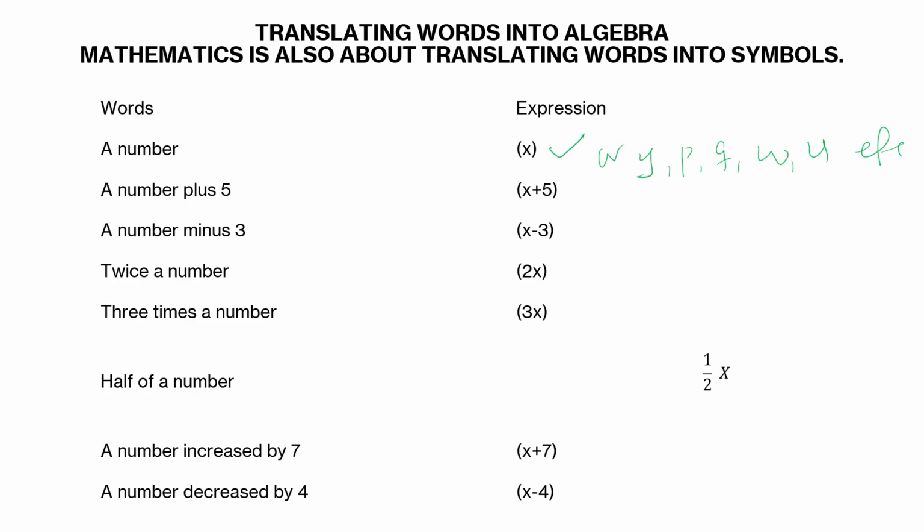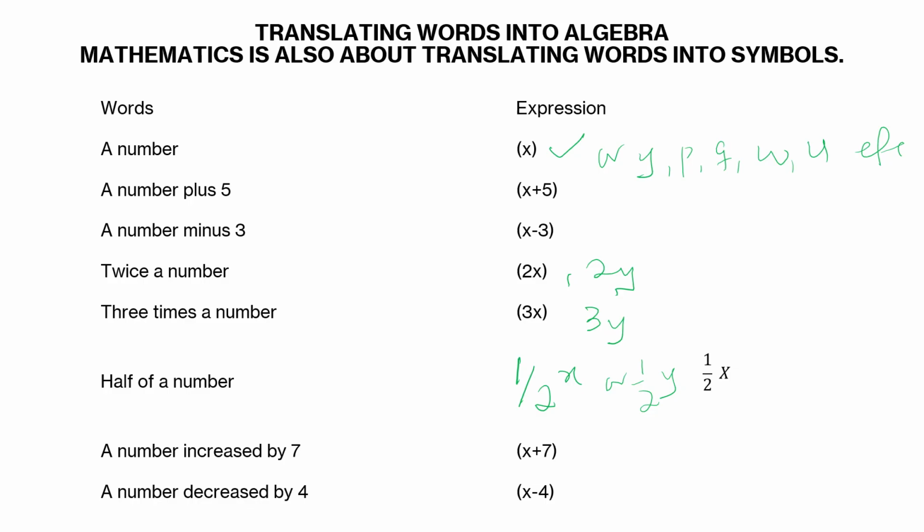A number minus 3 is x minus 3. Twice a number is 2x, or you can say 2y. Thrice a number is 3x or 3y. Half a number is 1 over 2 of x or 1 over 2 of y.